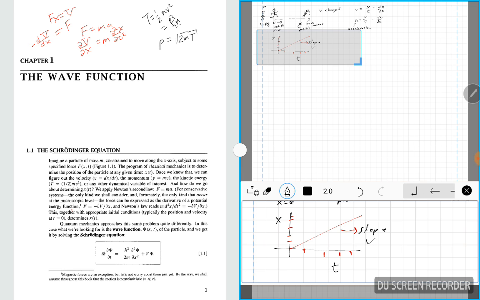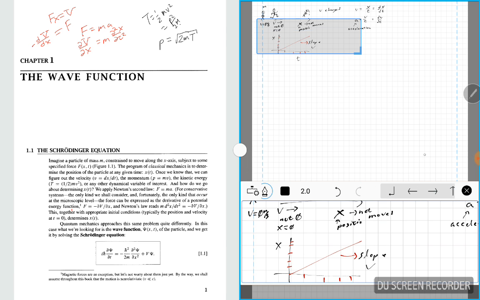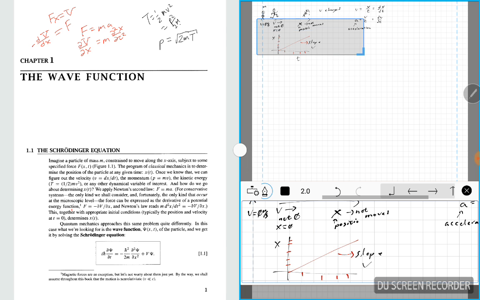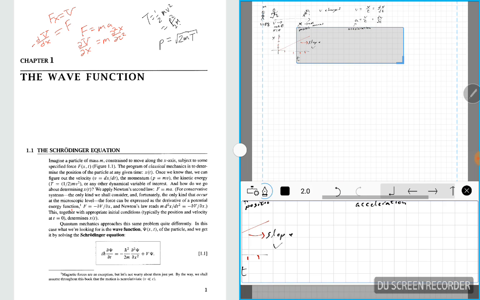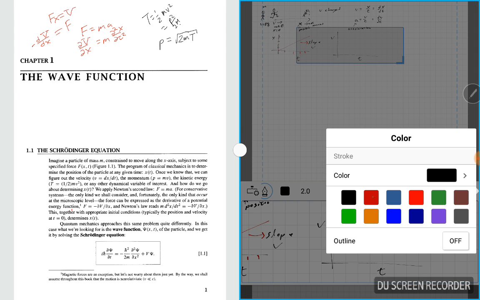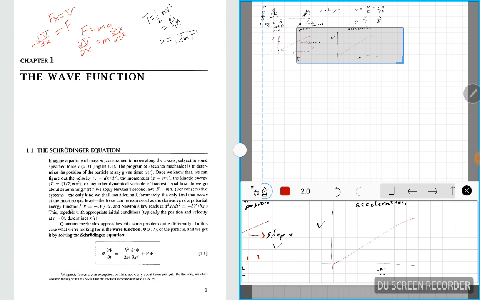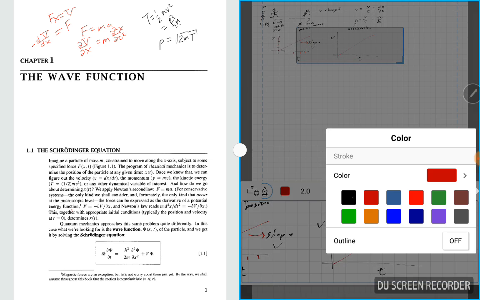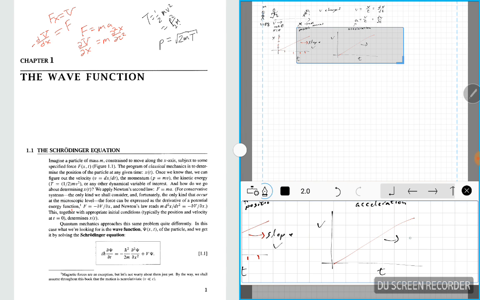I could do the same for the acceleration graph. So for acceleration, I could have velocity and time. And if my velocity is changing and my time is changing, then the slope of that is going to be the acceleration.